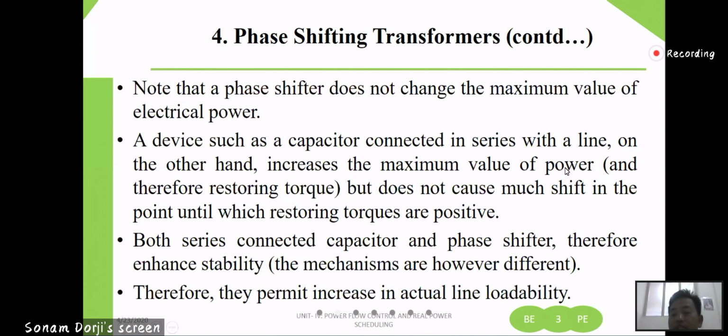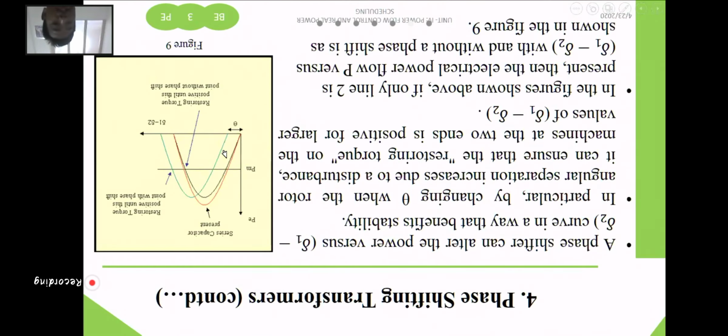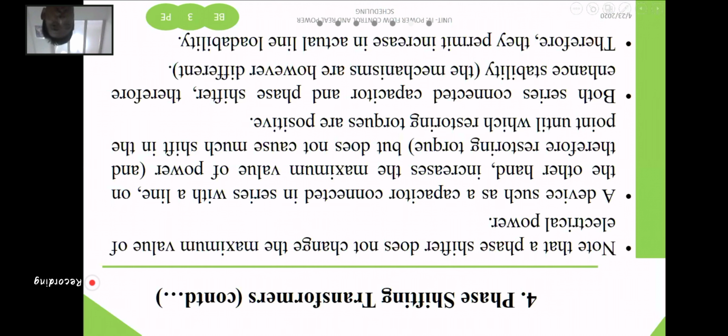Okay, so it will not shift here, whereas with a phase shifting transformer you create a phase shift and then shift the power flow here. These are different ways. Actually, both are controlling the power flow, but their technique or mechanism is different. One will try to increase the maximum power, and the other will just shift the power flow.